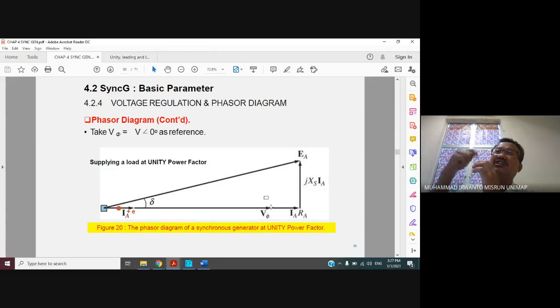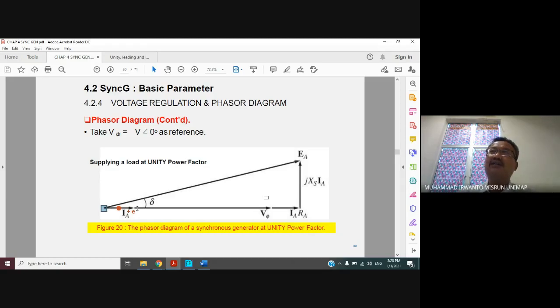This one is resistive load. Unity means the angle between IA and phase voltage is 0 degree, so they overlap on one line.